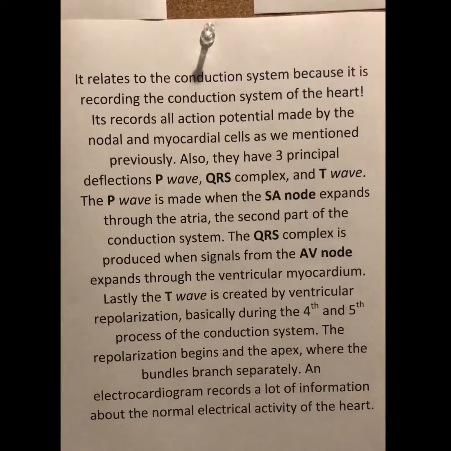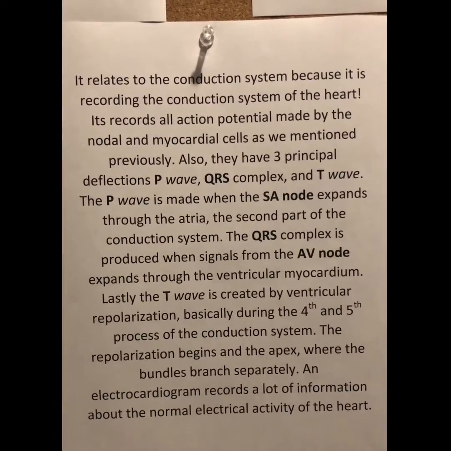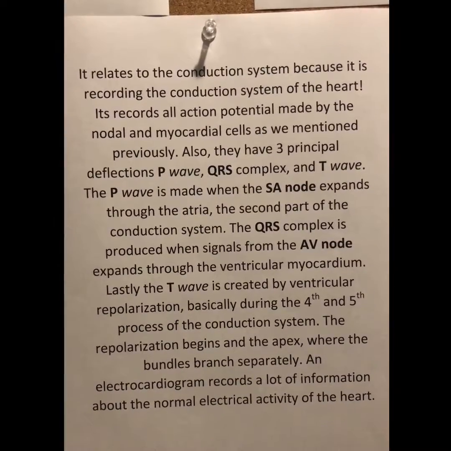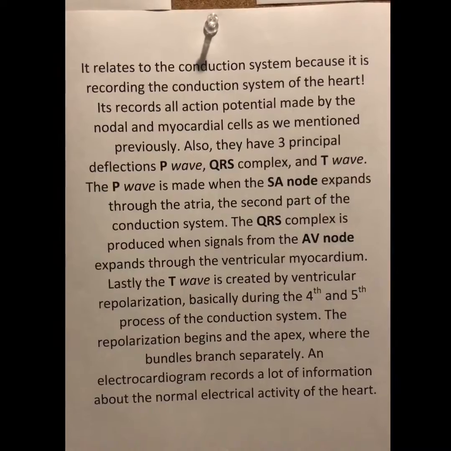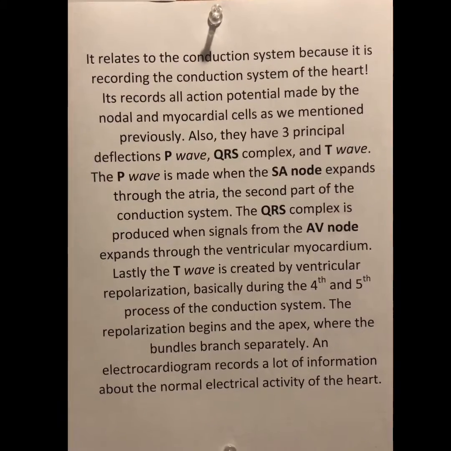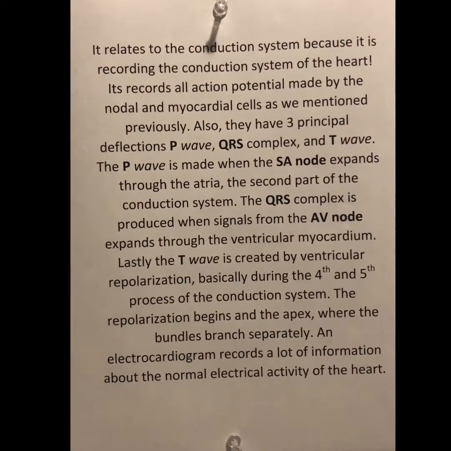Also, they have 3 principal deflections: P wave, QRS complex, and T wave. The P wave is made when the sinoatrial node expands through the atria, the second part of the conduction system. The QRS complex is produced when signals from the AV node expand through the ventricular myocardium.